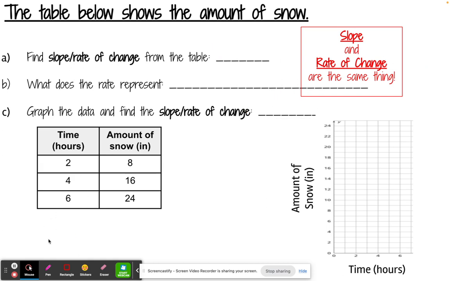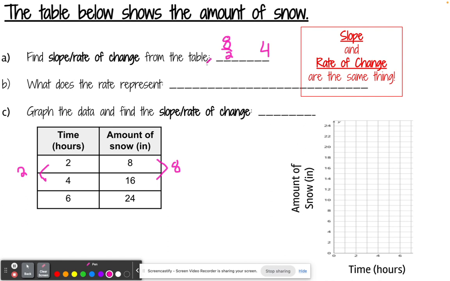Okay, let's find it from the table here. This is going up 8 inches every 2 hours. So from the table, it's 8 over 2, which is the same as 4 over 1, or just plain 4.